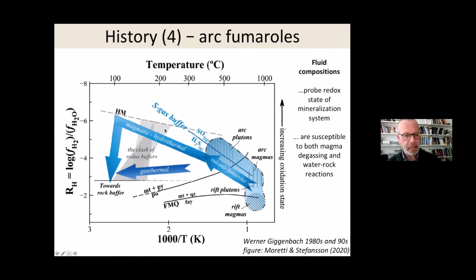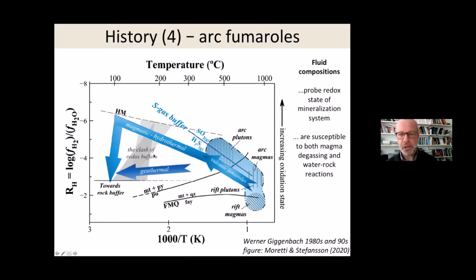And wherever that happens, conditions are much more oxidizing than where all you have is water and rocks. And this causes what's termed the clash of redox buffers in these types of systems.